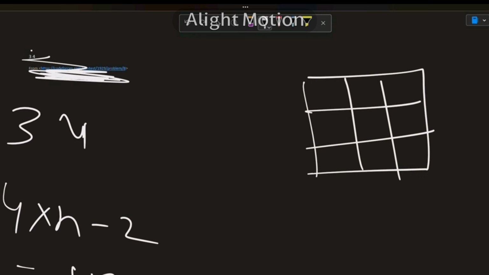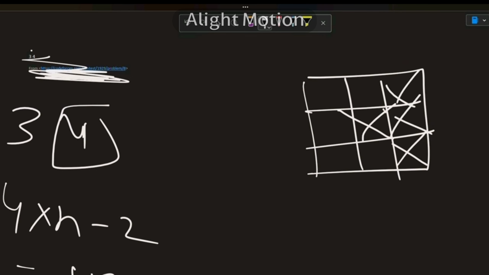Now here k is equal to 4, means I want to color at least k diagonals. And I know that each box contains 2 diagonals, right? This will contain 2 diagonals, this will contain 2 diagonals, this will also, similarly this and this one as well. Each of them contains 2 diagonals.